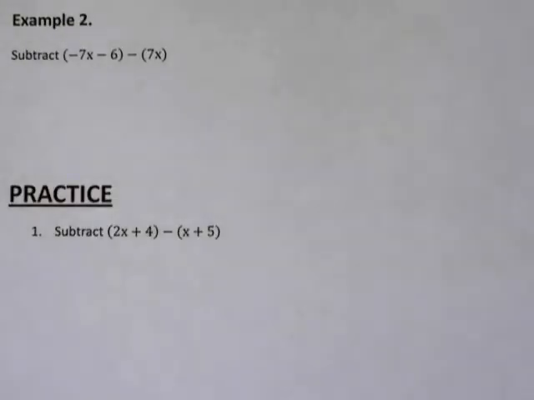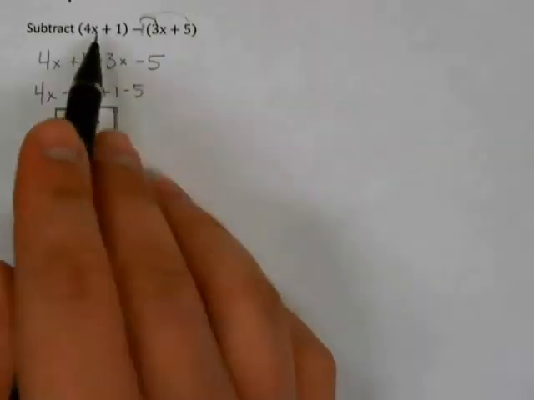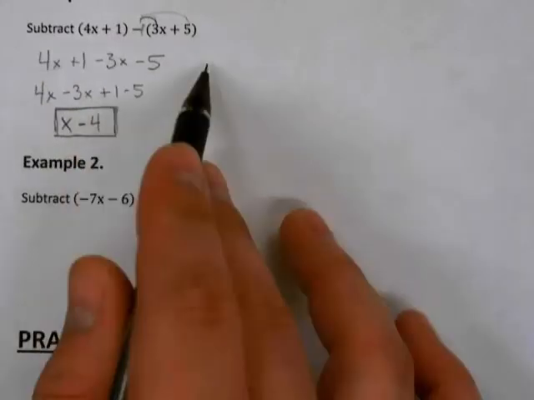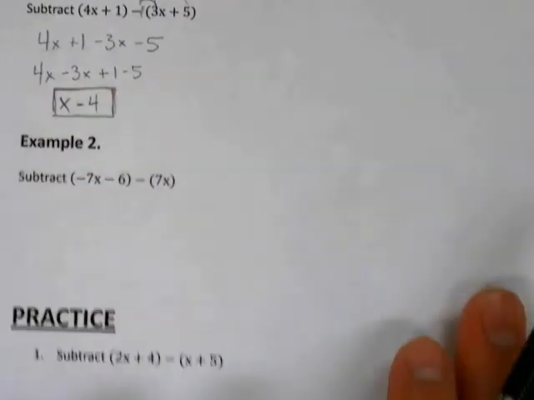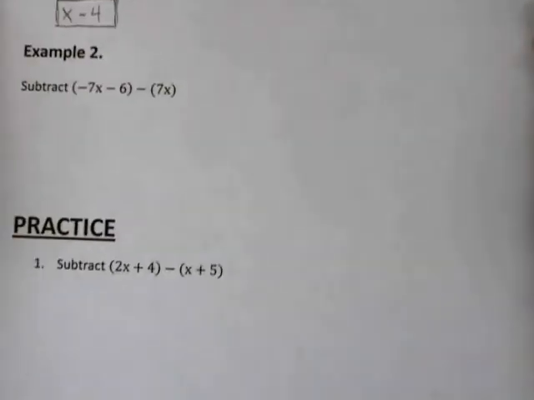All right, example 2 now. This is going to be the same type of thing as yesterday. Remember, I reordered the problem yesterday like I did in example 1 here, where I put all of these in numerical order and then reordered it that way. But we can just set it up like a long subtraction problem.